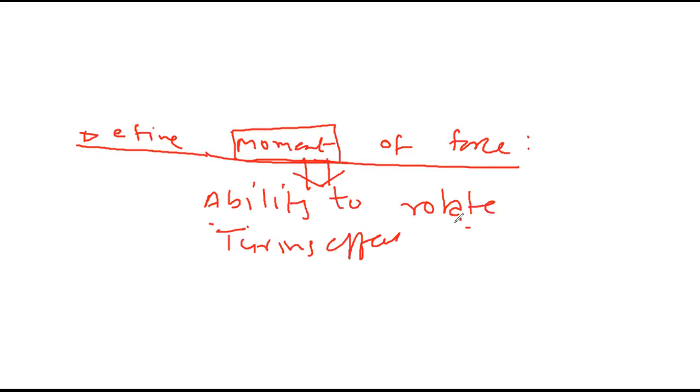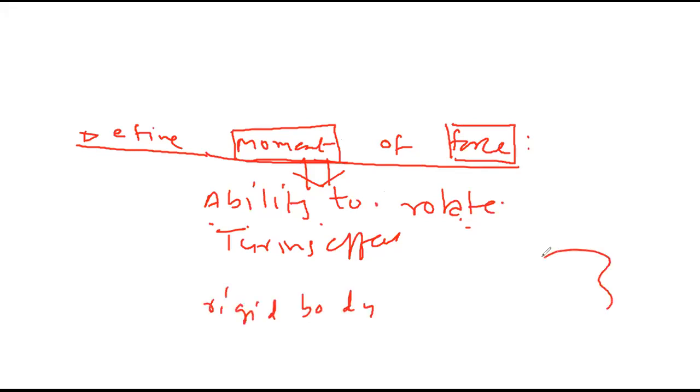Ability to rotate or produce a turning effect is called moment. Now, who is producing that turning effect? Force. So, the ability of force to rotate a rigid body.